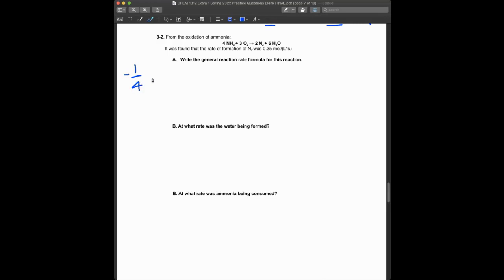We take negative 1 over the 4, and then we take NH3, and then we set that equal to the rate of the oxygen, taking the coefficient of that. And this is due to 1/2 over N2.